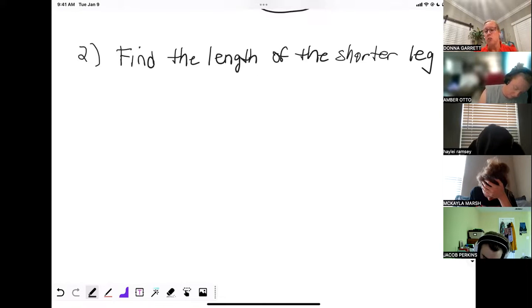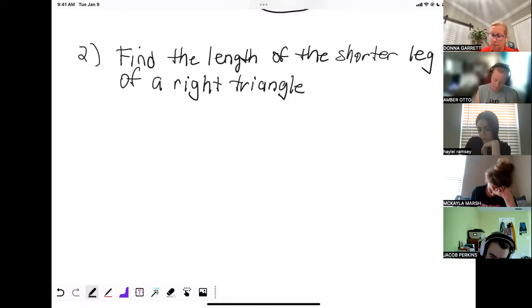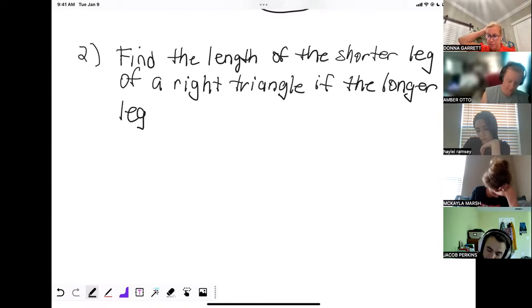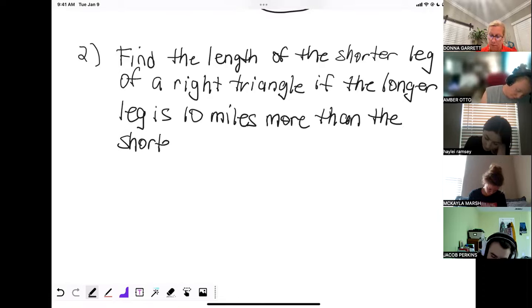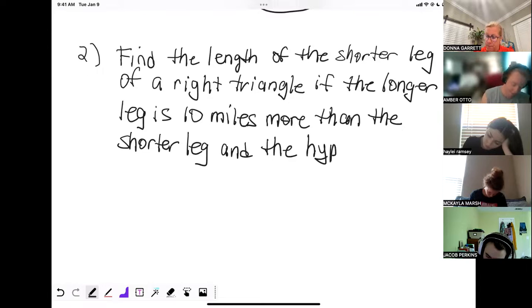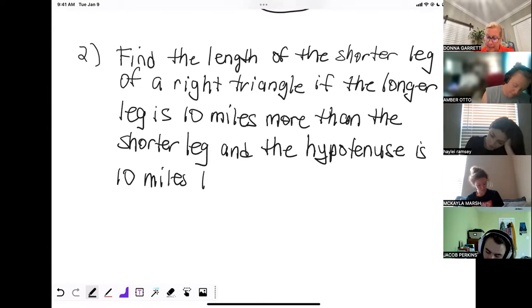That means the leg that's not the hypotenuse, but it's the shortest leg of a right triangle, if the longer leg is 10 miles more than the shorter leg, and the hypotenuse is 10 miles less than twice the shorter leg.